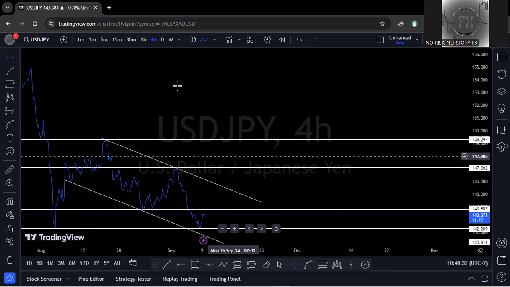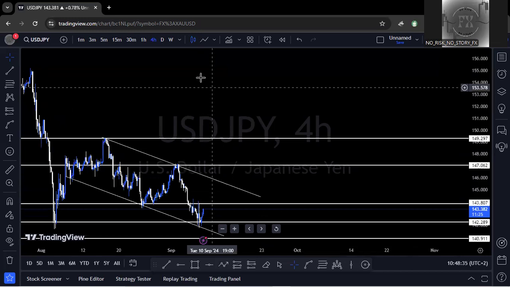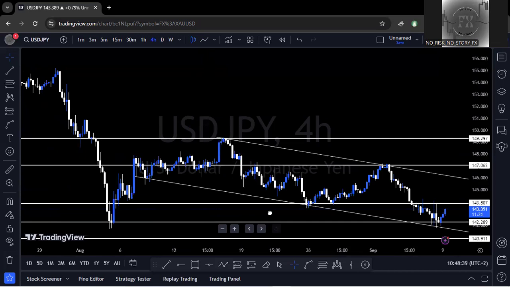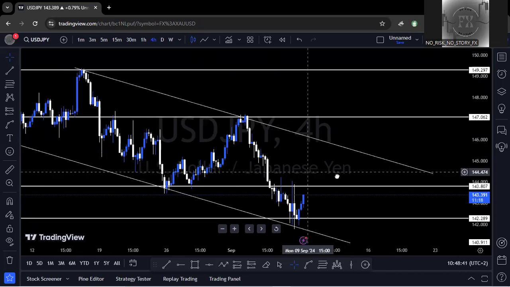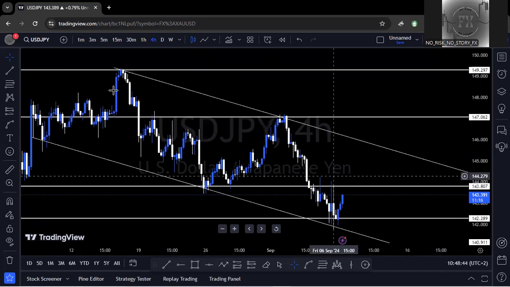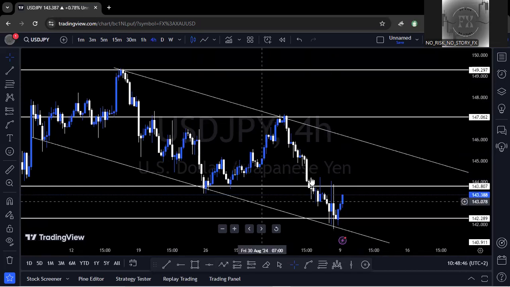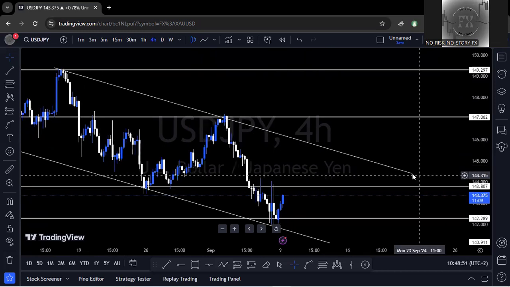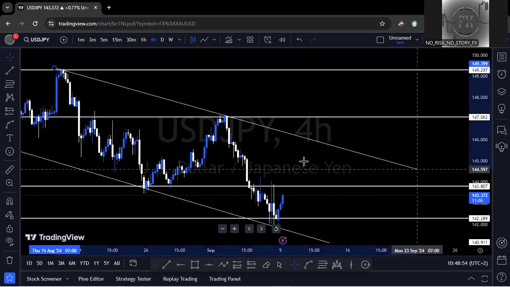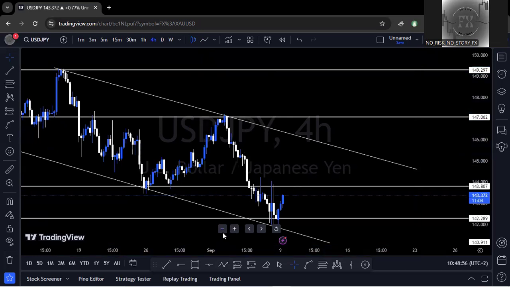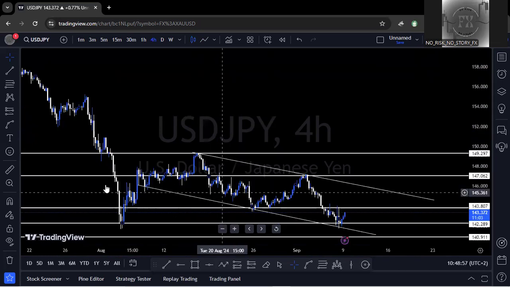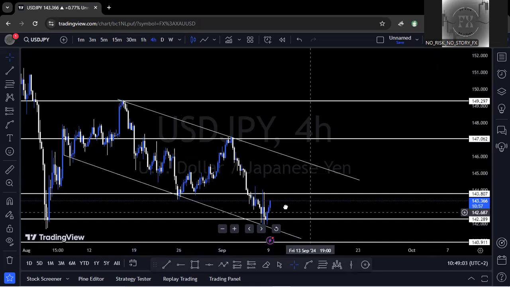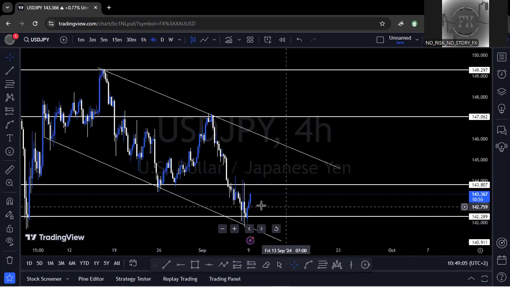So let me go to my candlesticks. As you can properly see here, this is indeed a bearish trend. I would like to move this to somewhere around there, and this one I think is fine like that.